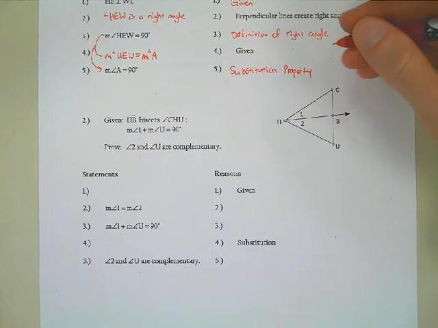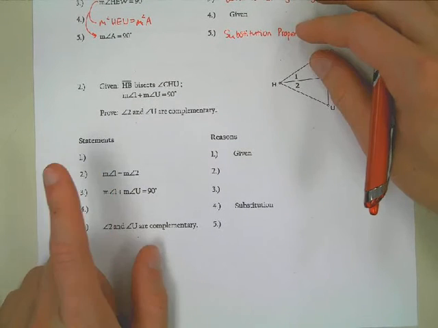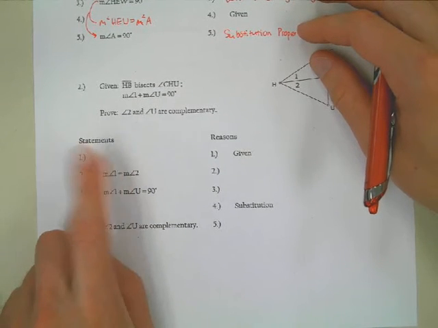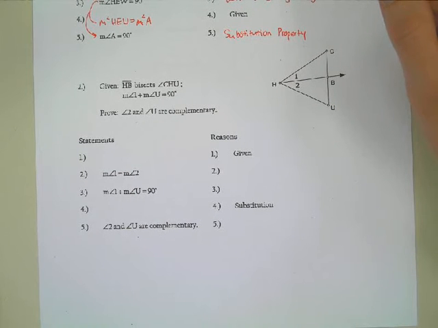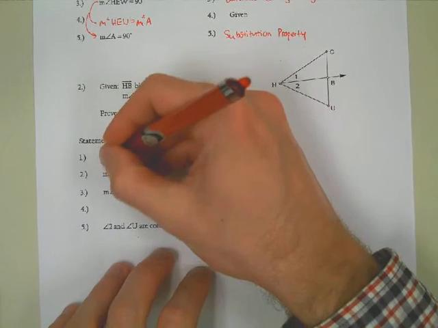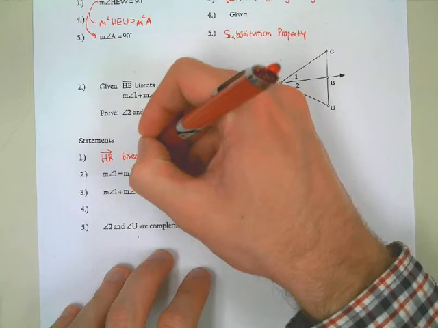Okay, so let's see here. What's going to be our first statement? Yeah, ray HB bisects, that's right, angle CHU. Now you might wonder, but Mr. Widmeyer, there's two givens there.